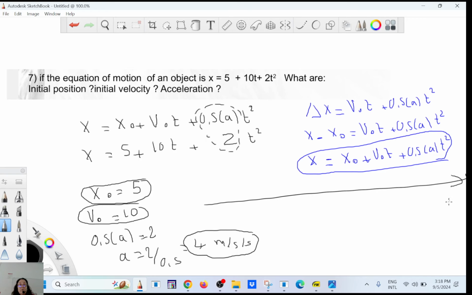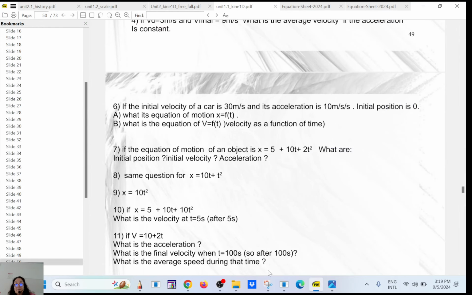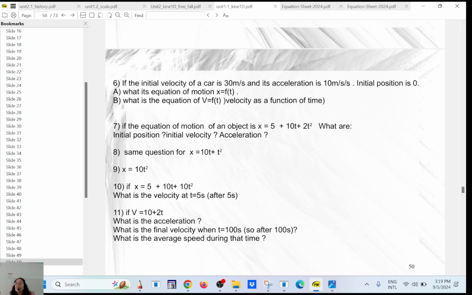Okay, so on the number line, you start your stopwatch here, and then you're going to move faster and faster and faster. And that will be your position, initial position, when you start your stopwatch. Okay? Let's do number 8.